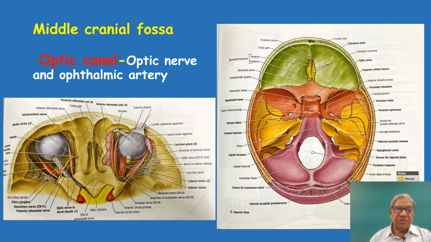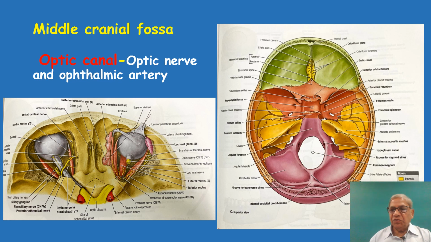This optic nerve is surrounded by the meninges, dura, arachnoid and pia mater. It will form the optic chiasma as it is seen here. Just inferolateral to this optic nerve, in this optic canal lies the ophthalmic artery. So you should say that the optic nerve and ophthalmic artery pass through this optic canal.